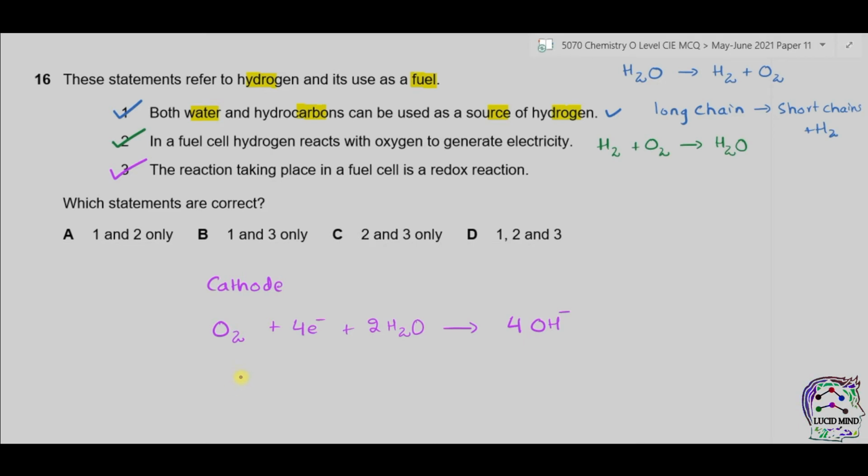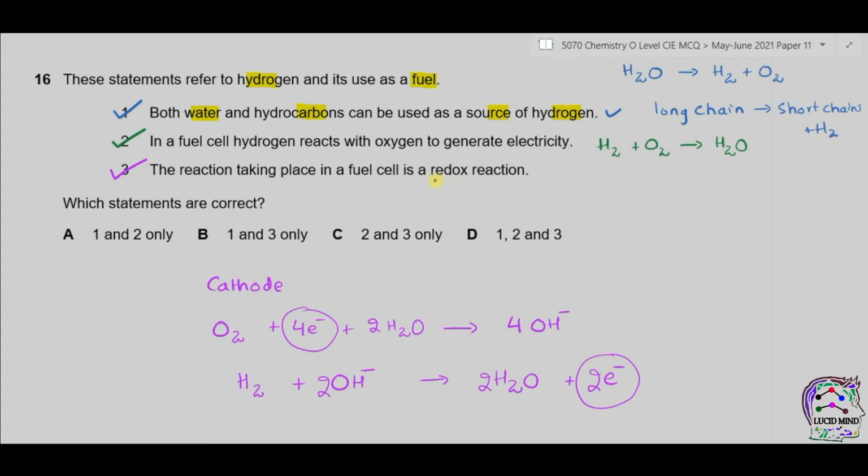These hydroxide ions are then removed by hydrogen gas. By this reaction, we have hydrogen that reacts with hydroxide to form water along with the loss of electrons. So now we have gain of electrons, which is reduction, and loss of electrons, which is oxidation.